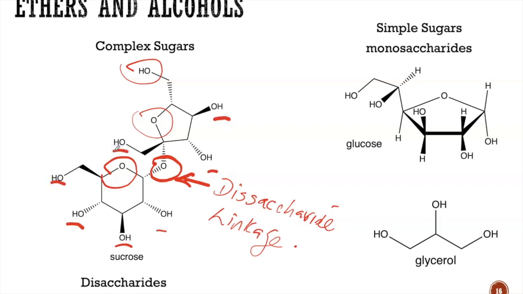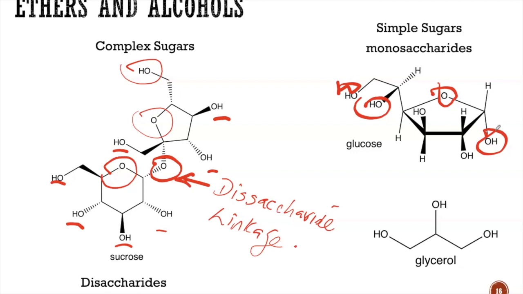So complex sugars as well as simple sugars, if you take a look at one of the simplest sugars, glucose, you have again only ethers and alcohols in this form. Now there are other forms of sugars that can be drawn differently that show the presence of aldehydes and ketones also, but I've chosen to draw them in this form so that you can see the utility of the ether and alcohol functional group.